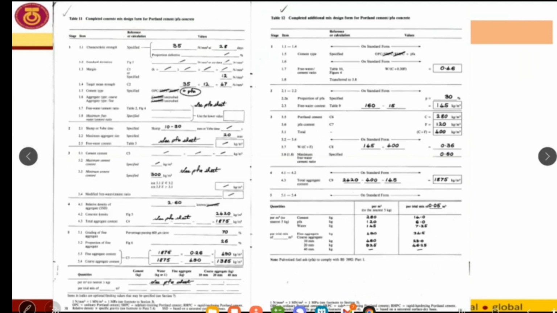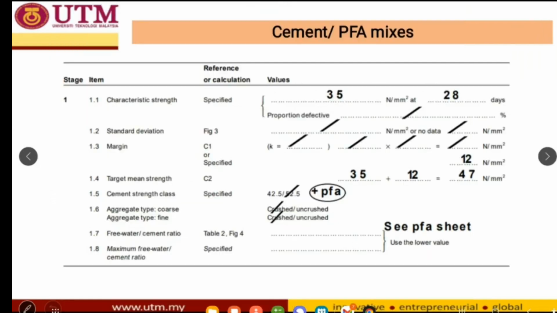So this is how it looks like. Actually, this design sheet can be obtained from the BRE design manual. So we look into this one by one. So this is the conventional mix design sheet. Okay, so I believe you are all already familiar with this. Okay, so characteristic strength, according to the question we put 35 at the end of 28 days.